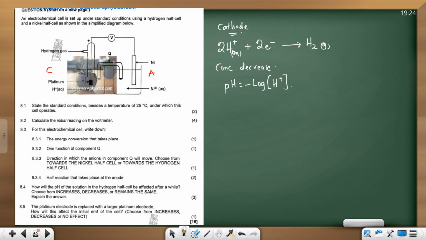Now, if the hydrogen ion concentration decreases, and you are not sure, look at what you can do. Create a number. You are not sure because you don't know how the log behaves. So create a number: I want to start with 0,2. Then I want to compare it to a decrease, 0,1. Which pH is bigger? Try it.